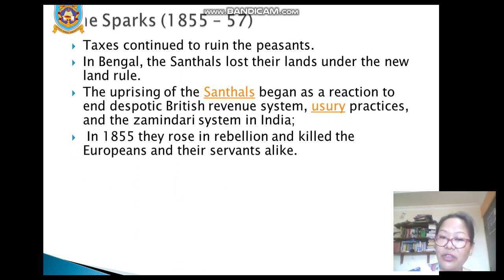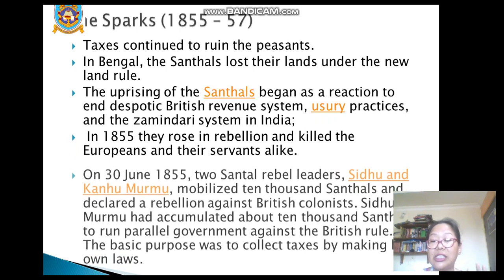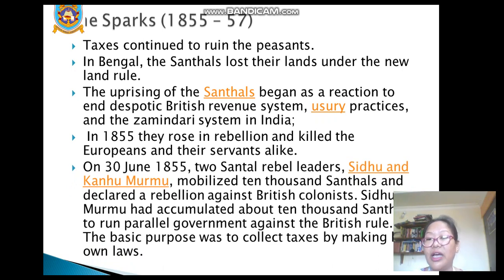Now in 1855 they rose in rebellion and killed Europeans and their servants alike. This was by the Santals, on 30 June 1855. Two Santal rebel leaders, Sidhu and Kanhu Murmu, mobilized 10,000 Santals and declared a rebellion against British colonies. Sidhu Murmu had gathered about 10,000 Santals to run a parallel government against the British rule.